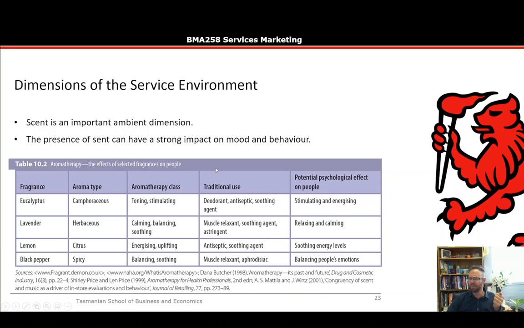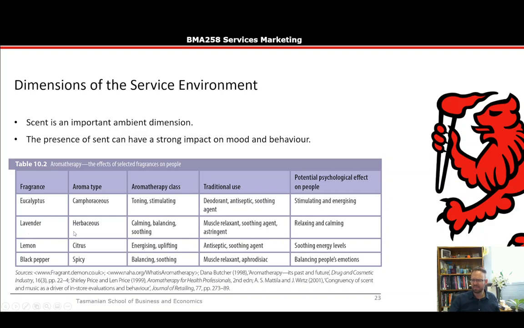So the study of aromatherapy goes, well, this type of smell can actually stimulate and energize people, which kind of makes sense, right? When people use eucalyptus oil, I'm not sure if any of you can think about what that smells like. What psychological effect does it have on you? And a lot of you would go, yeah, it makes sense that it's an energizing and stimulating type of scent.